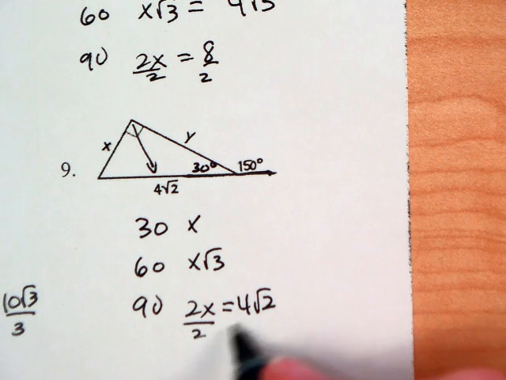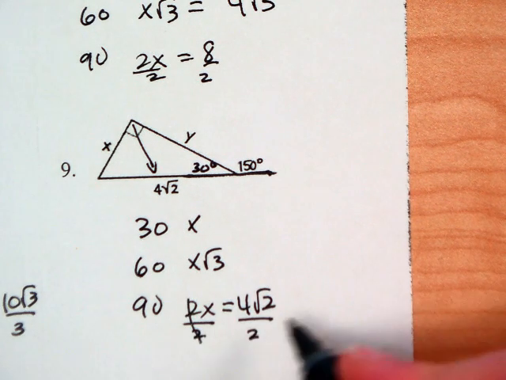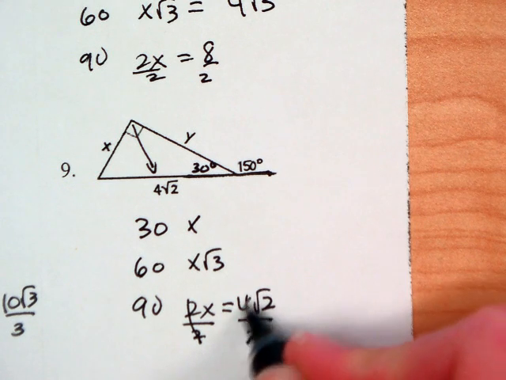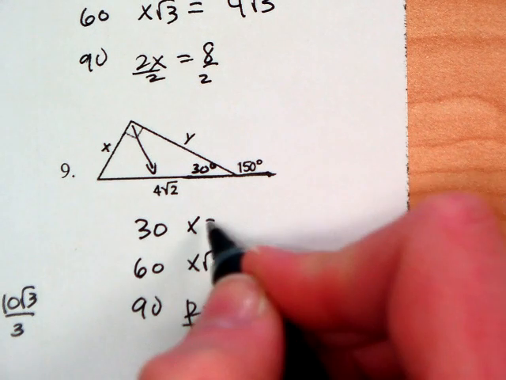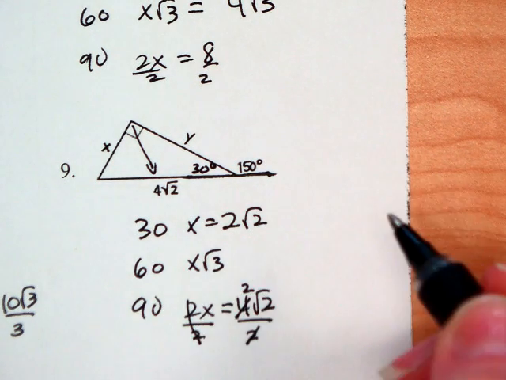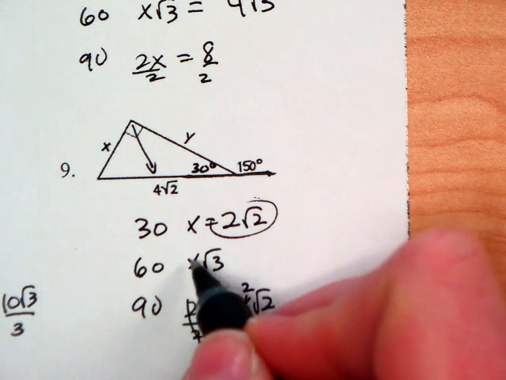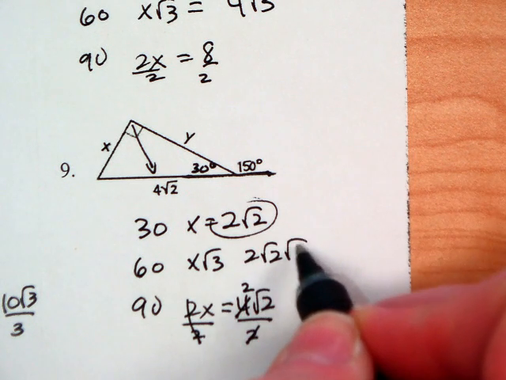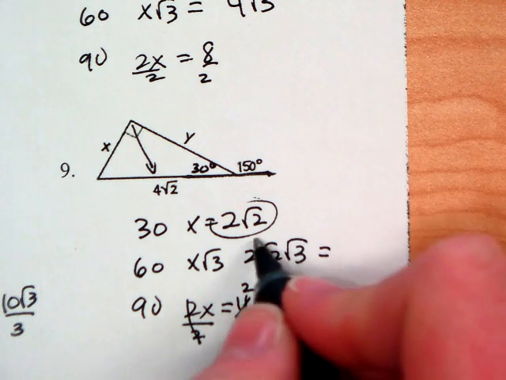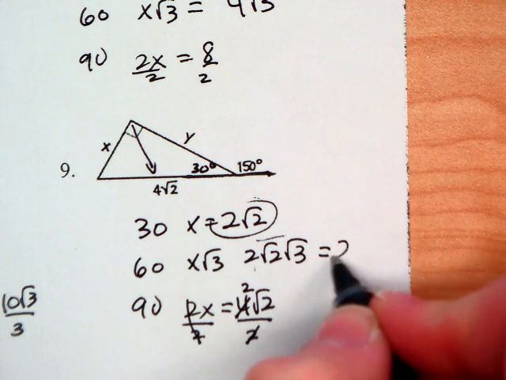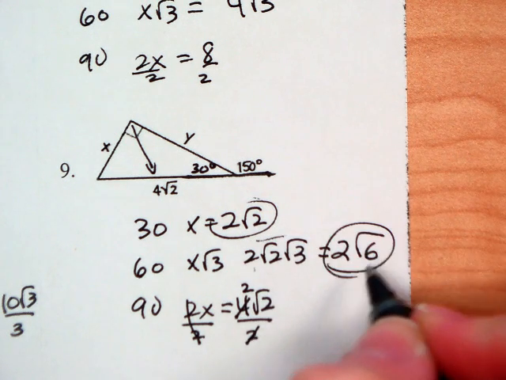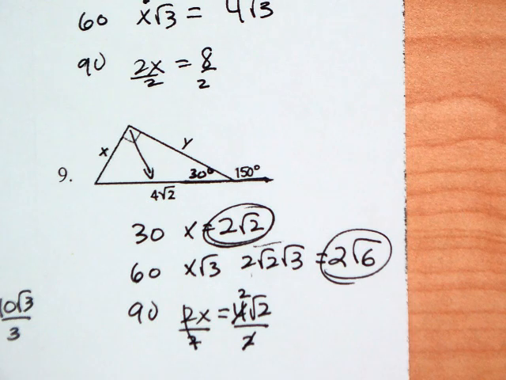We're solving for x, so I'm just going to get rid of that. Looks like I could put the 2 into the 4 and get 2 square roots of 2. That's what my x is. And then I would have to put 2 square roots of 2 right there. So it's 2 square roots of 2 with a square root of 3. And when you have 2 square roots being multiplied, you can multiply their insides. So for a total of square root of 6.